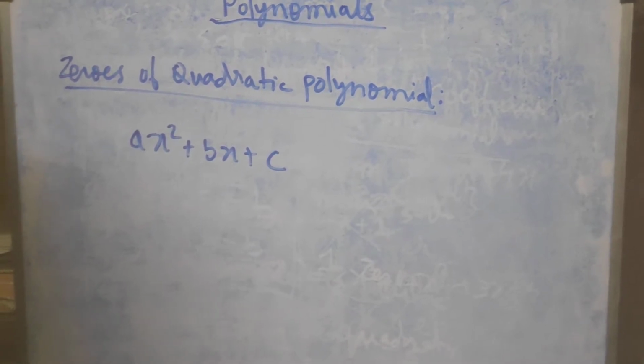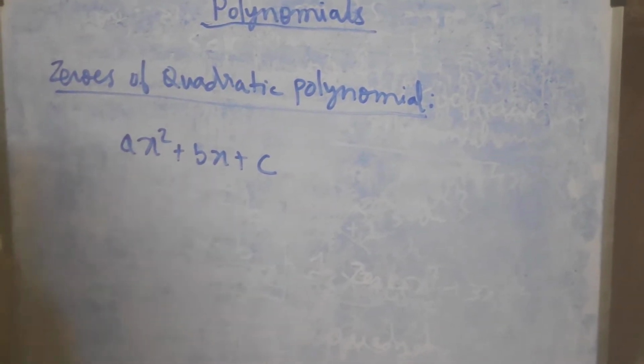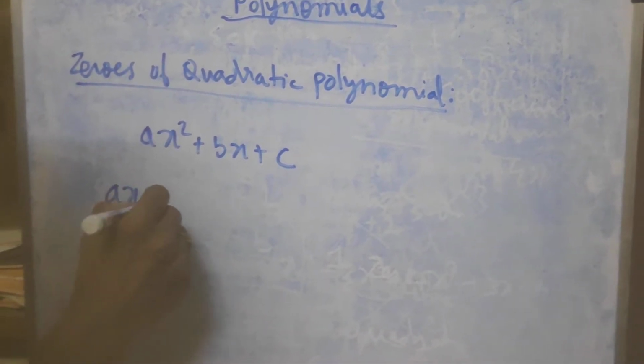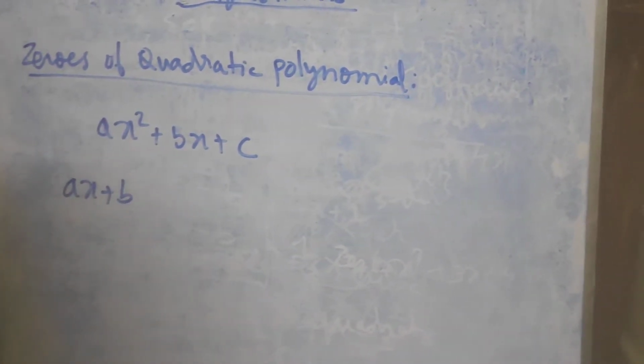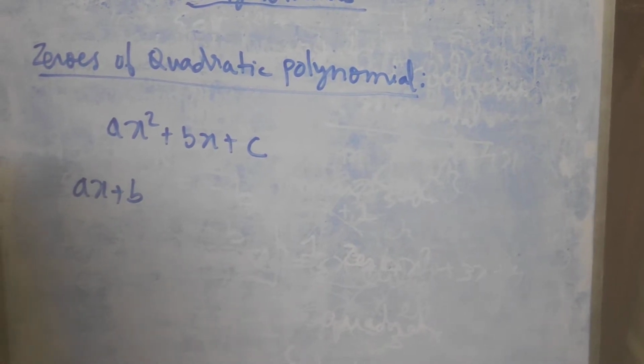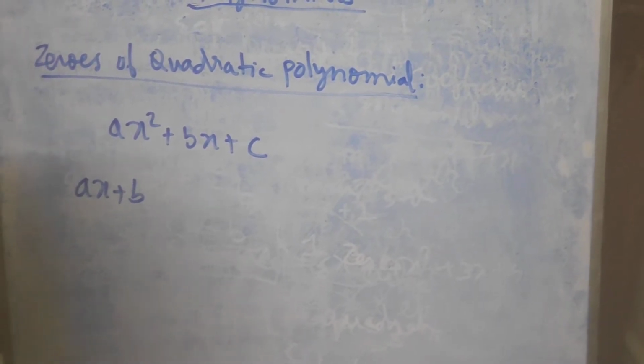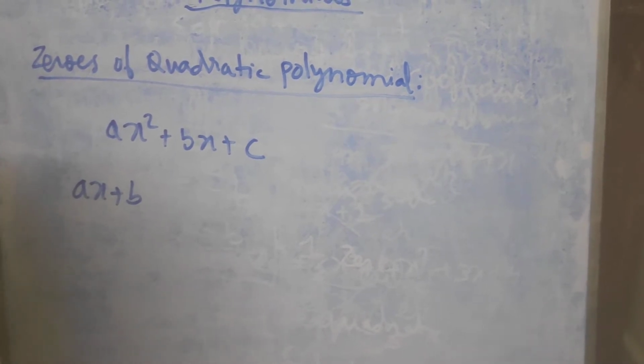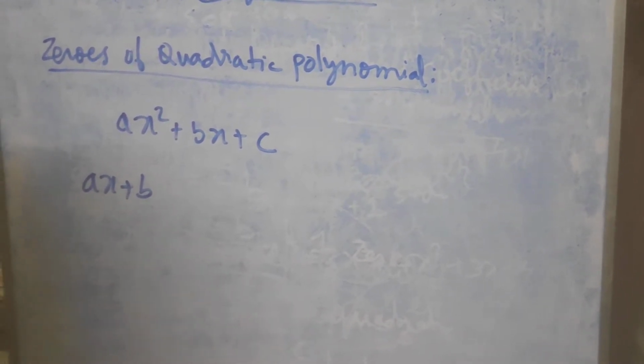Since the linear polynomial ax plus b is of degree 1, there is only one zero for that polynomial. The quadratic polynomial is of degree 2, so there are two possible values of x for which the expression may become 0.